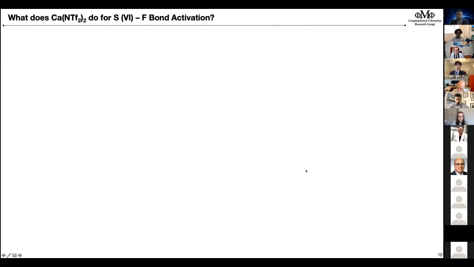So when adding calcium triflimide, the Lewis acid, we saw great yields of sulfonamide from sulfonyl fluoride, the unreactive sulfonyl fluoride. What is so special about calcium triflimide that it's activating the sulfur(VI) fluorine bond? Well, let's figure that out. Let's consider these mechanisms. Is it possible for that fluorine to be displaced from the sulfur center to form the fluoride ion?